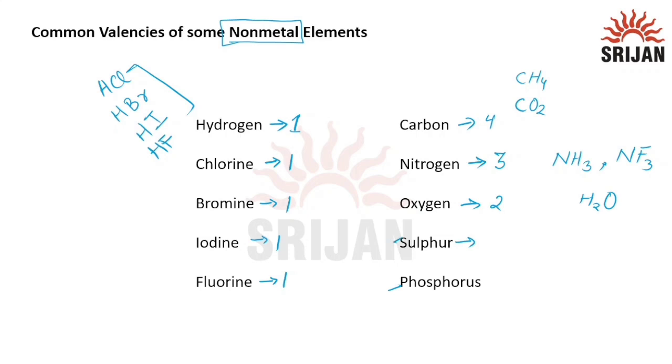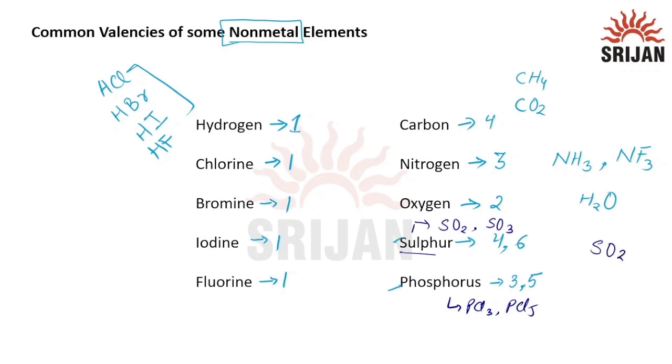Sulfur and phosphorus both show variable valency. Sulfur can show the valency 4 as well as 6. Similarly, phosphorus can show 3 as well as 5. The case of phosphorus we have discussed before in PCl3 and PCl5. Similarly, in sulfur, notice SO2 and SO3.